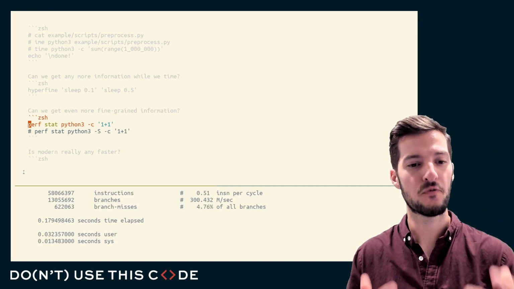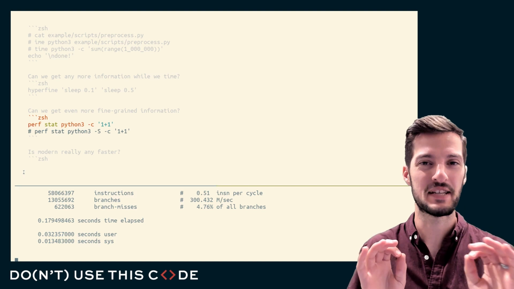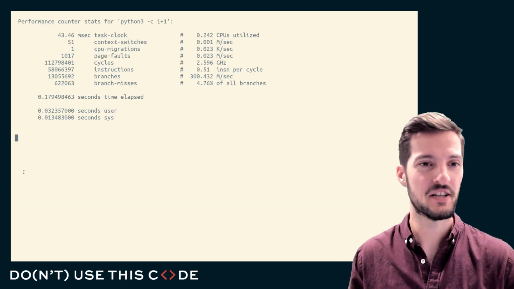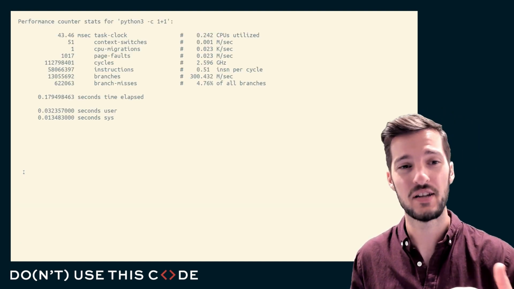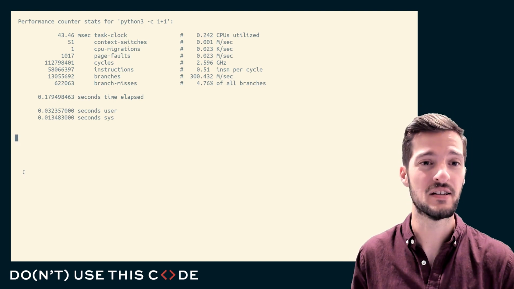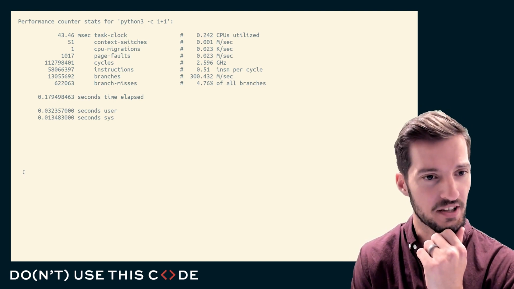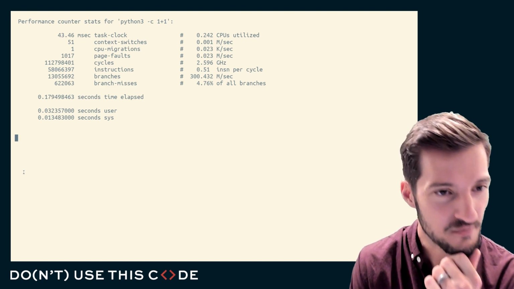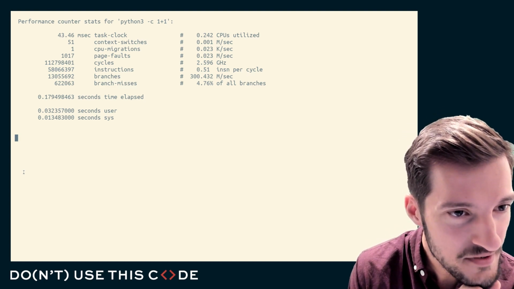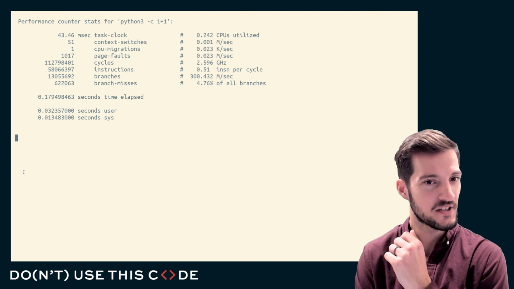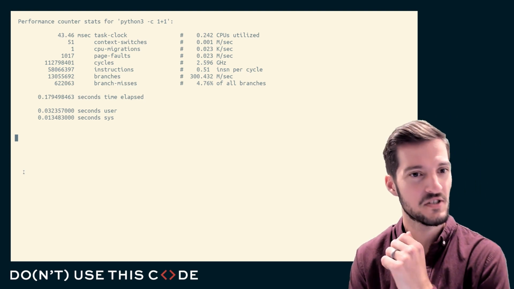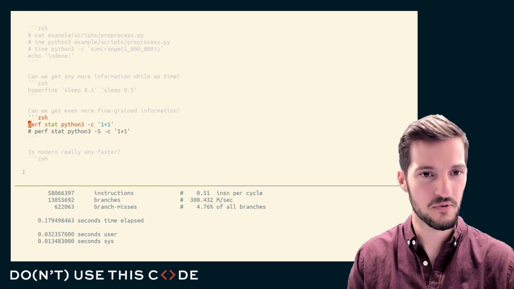And then we have perf. What if we want more fine-grained information? What if just knowing the time is not enough? I want the number of CPU cycles. I want the number of machine instructions that were given. We can see here, perf, okay, there's a lot of output here, right? This is what, a billion cycles? 5 million instructions or 58 million instructions? That's a lot. What did we do here?